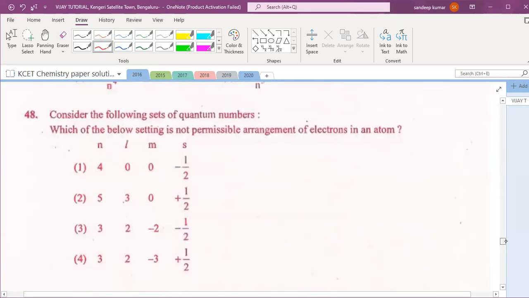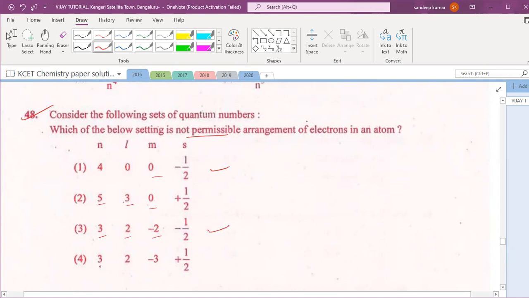Next, 48. Consider the following set of quantum numbers. Which of the following is not permissible? n=4, l=0 is possible. m is 0, this is also possible. n=5, l=3, m=0 is possible. n=3, l=2, m=-2 is also possible.